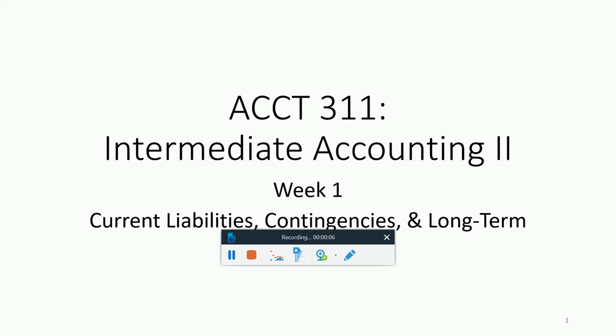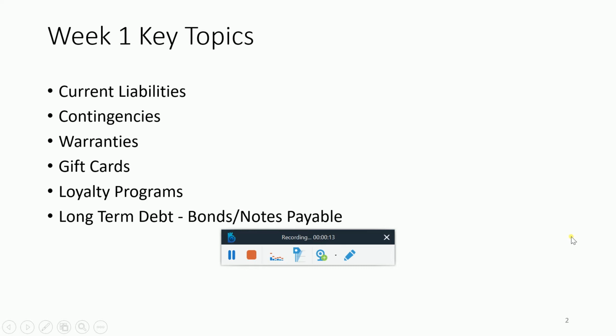Today we have a number of topics to talk about. We're going to start with a discussion over current liabilities, some of the types of current liabilities that you may see on your company's balance sheet. Then we'll move into a conversation on some of the longer term liabilities. We'll talk about contingencies, both gain and loss contingencies.